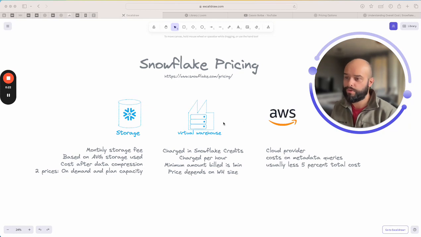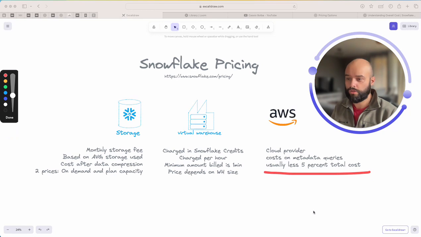So we have three main components right now, and let's start with the least important, which is the cloud layer service. If you remember in the architecture lesson, we got to know that there is a cloud layer in it, and then you need to pay for that. But that's actually usually less than 5% of the total cost.